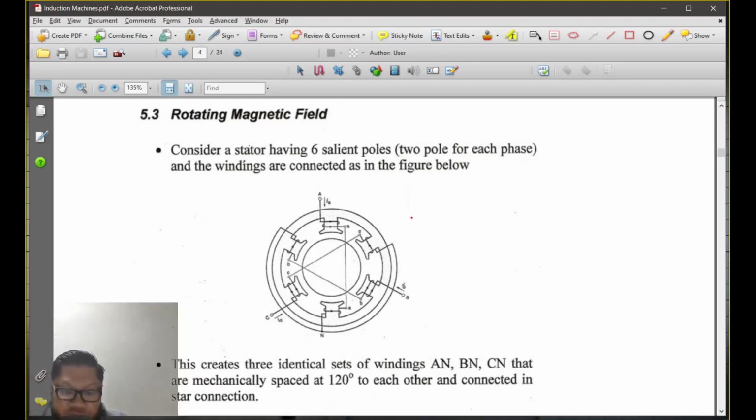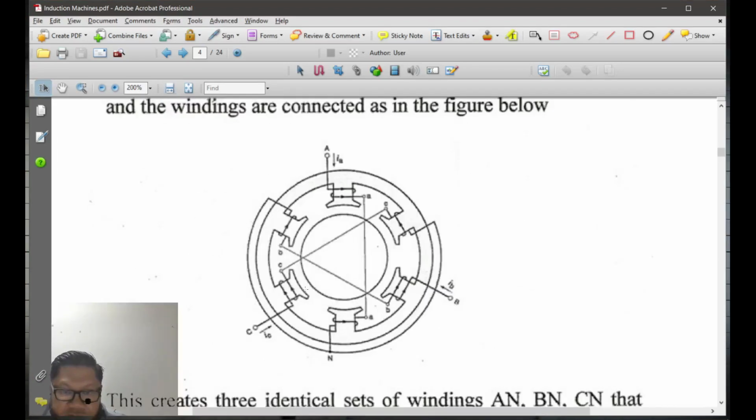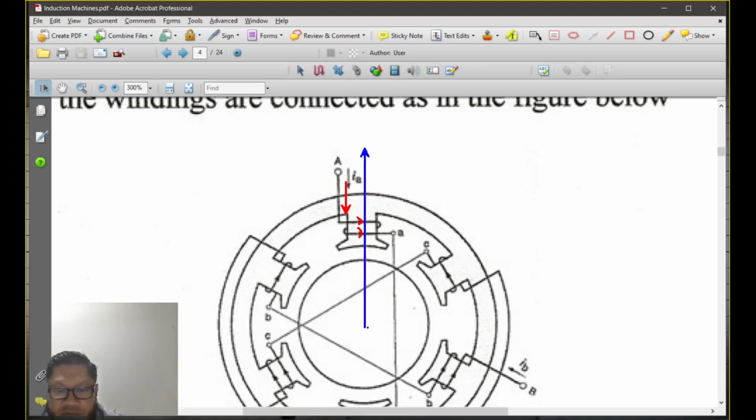If I zoom in on this, look at the winding, how it is wound. This wire is wound like that. So if you pass the current through here, there will be a magnetic field flowing in that direction.